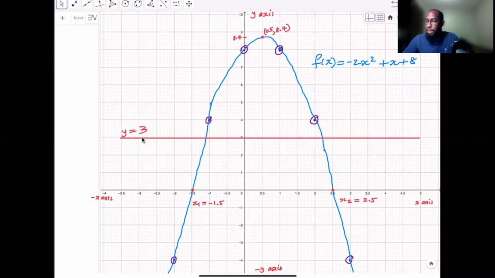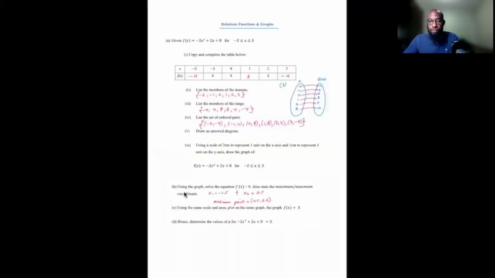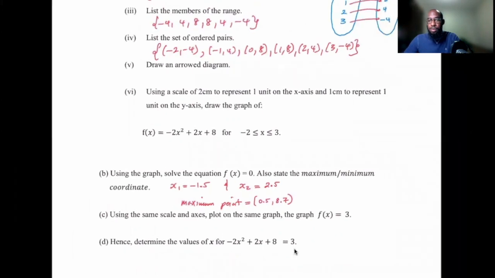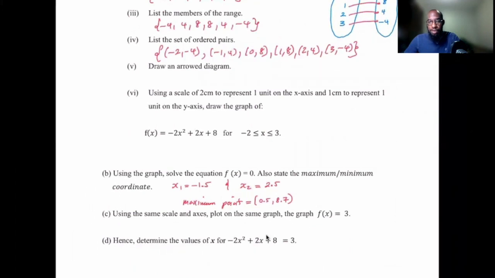And the question asked us, using the same scale, to plot y equals 3. We did that. Hence you have to use part C to figure out part D. So from the graph, we're going to determine the actual x values where the curve and the straight line intersect, because this represents the curve, and this 3 represents the straight line.